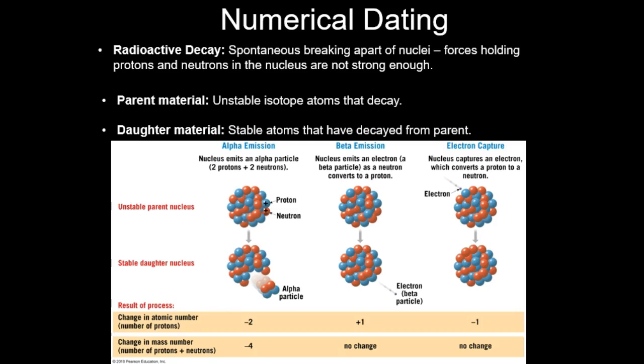So the decay of radioactive parent isotopes overall is, however, not always as straightforward as I put it just now. For example, the isotope uranium-238 is one of the most useful isotopes for radiometric dating.